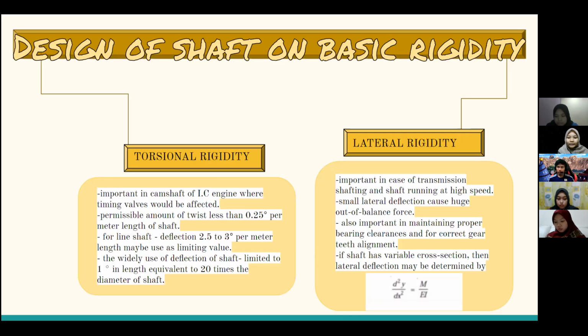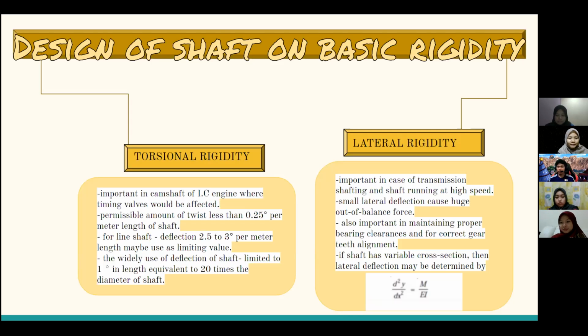If the shaft has a variable cross section, then the lateral deflection may be determined by the equation below, and if the shaft has a uniform cross section, then it will be obtained by the deflection formula from strength of materials. The next part is torsional rigidity. Torsional rigidity is important in the camshaft of an internal combustion engine, where valve timing will be affected.